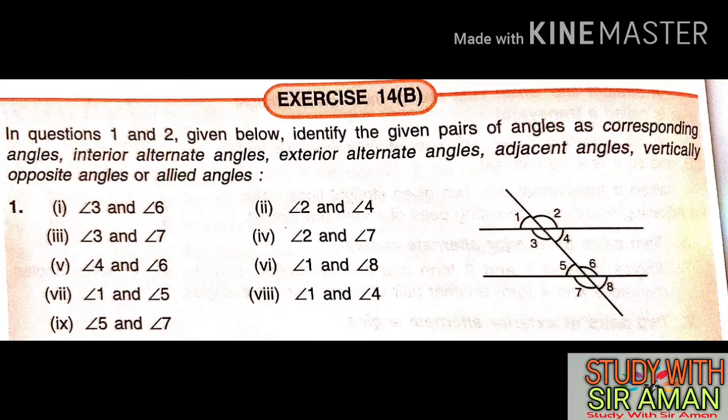Then I will tell you 1 and 8, both are exterior alternate angle. 1 and 5, same side, corresponding angle. I am talking about question number 7, 1 and 5, corresponding angle. Now 8, 1 and 4, vertically opposite angle, you know it very well.